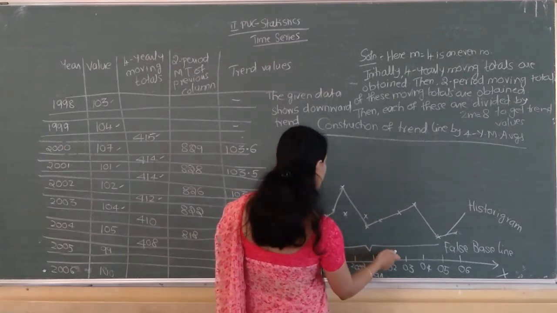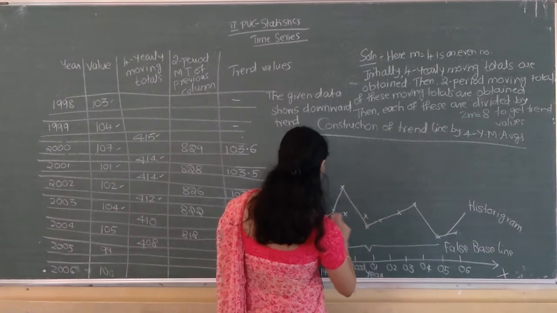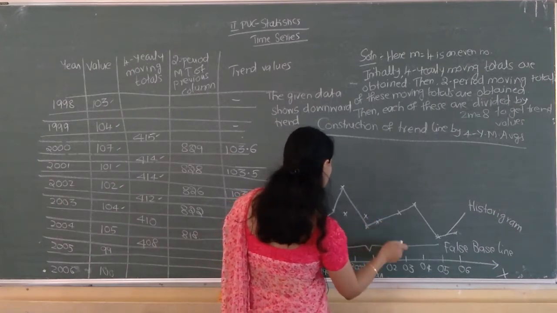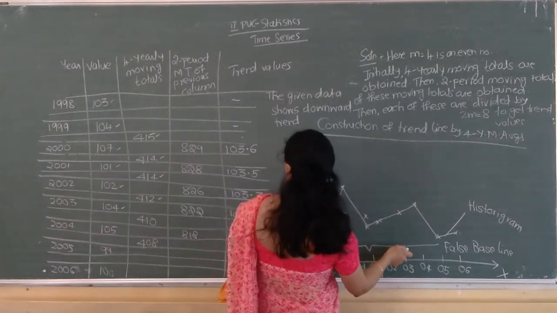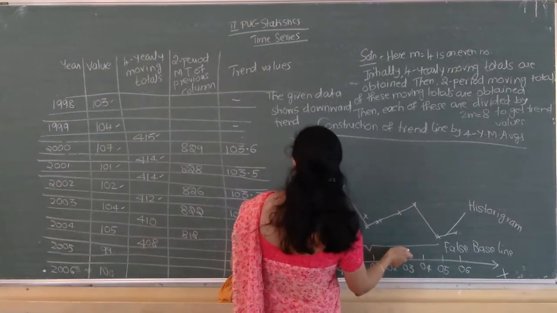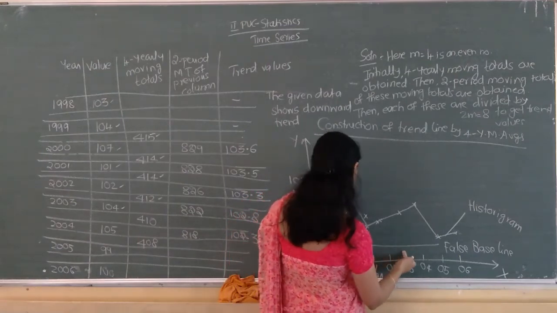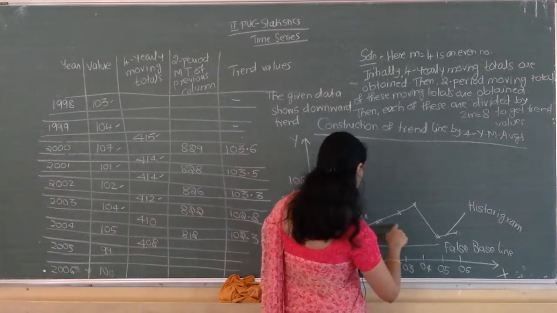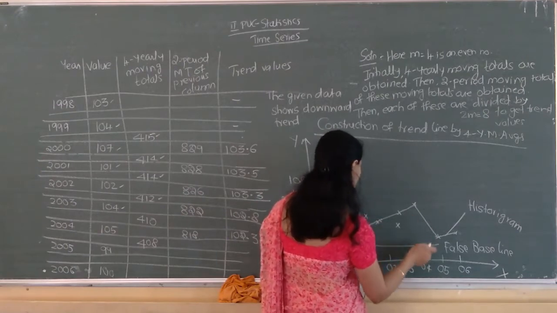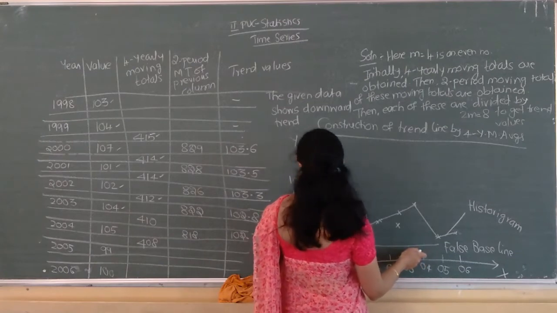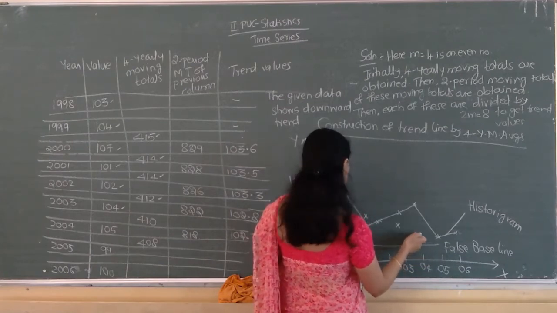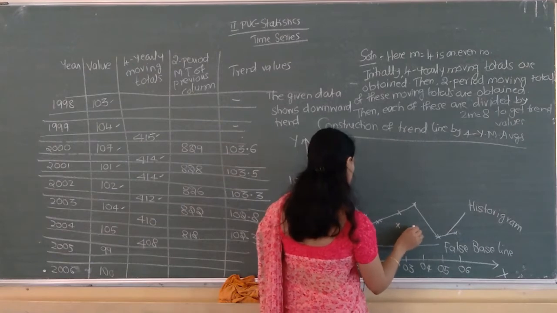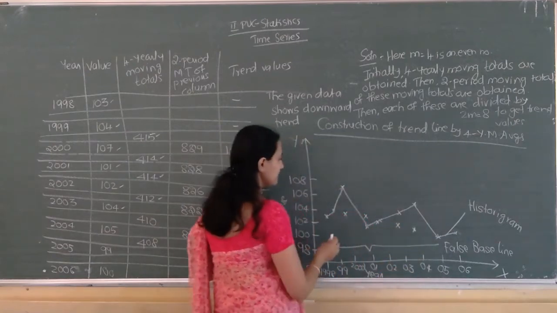Next 103.3. 2003, 102.8. Next 2004, 102.3, here only.